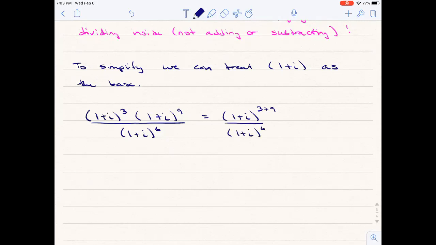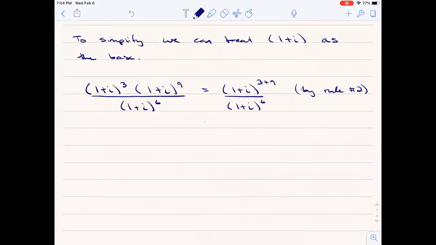If you wanted to, you could have moved the (1 plus i)^6 up top already, maybe that's what you like. By rule number 2, which becomes (1 plus i)^12 times (1 plus i)^(negative 6). Just doing two things at once here. By number 8.